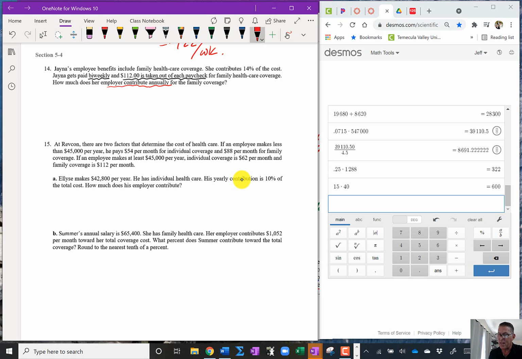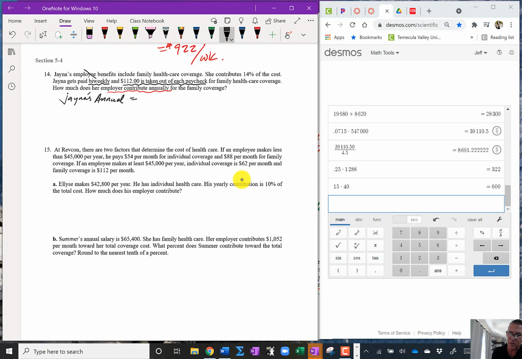Now, bi-weekly, we have to understand something. Let's just do a little review here. Okay, there's one bi-weekly pay period every 2 weeks. Okay, one bi-weekly pay period per 2 weeks, bi-weekly every 2 weeks.